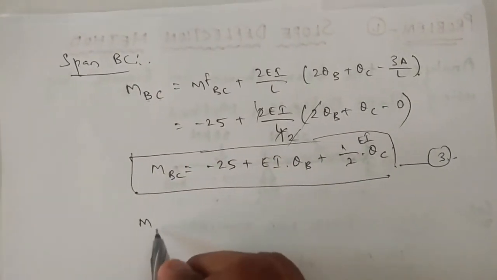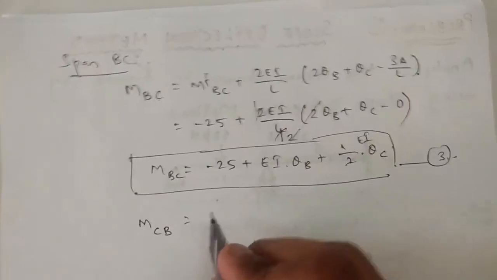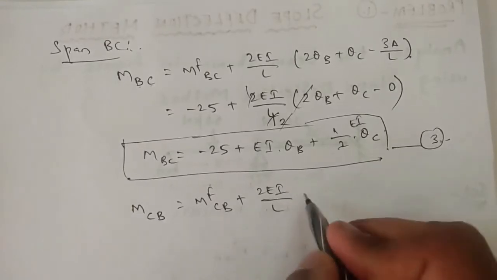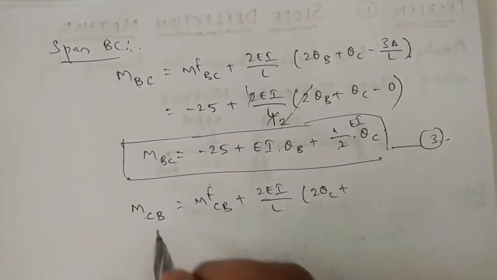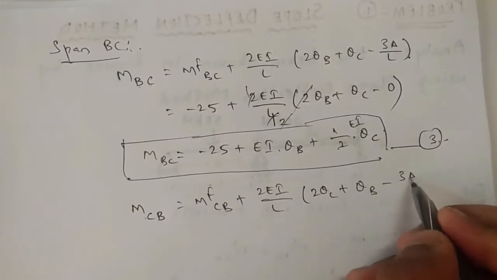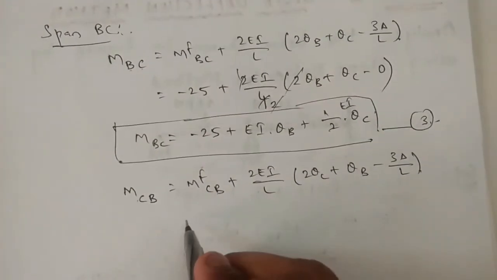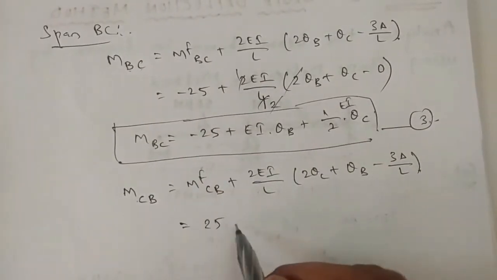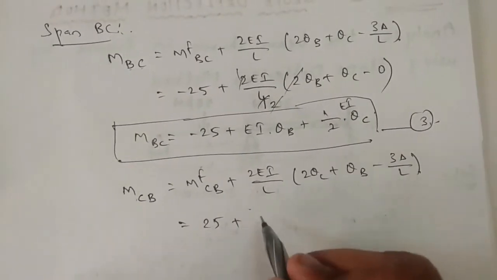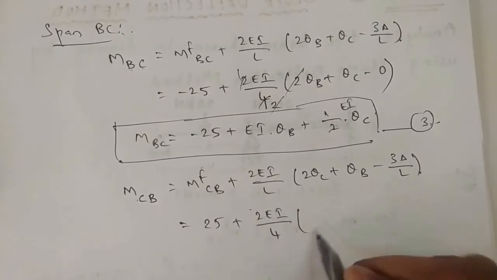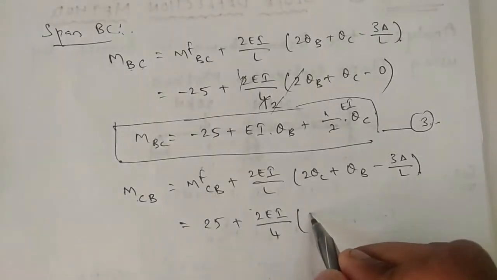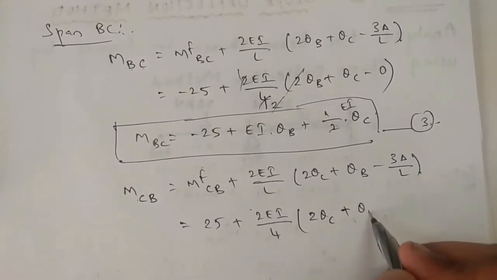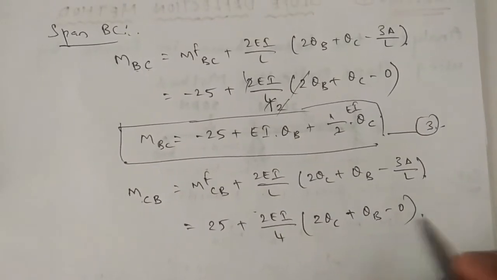Now in span BC we have done MBC. Now we have to do MCB. Apply the formula MFCB plus 2EI by L into 2 theta C plus theta B minus 3 delta by L. Substitute the fixed end moment MFCB, here we will get plus value, plus 2EI by L. Span is 4 meters, same. 2 theta C plus theta B. 3 delta by L value is 0.